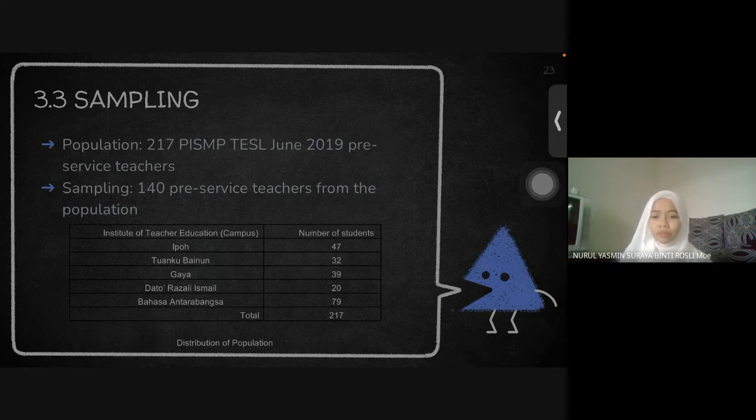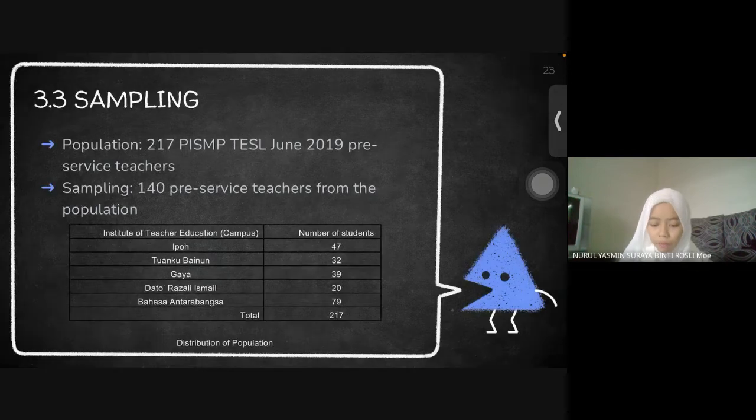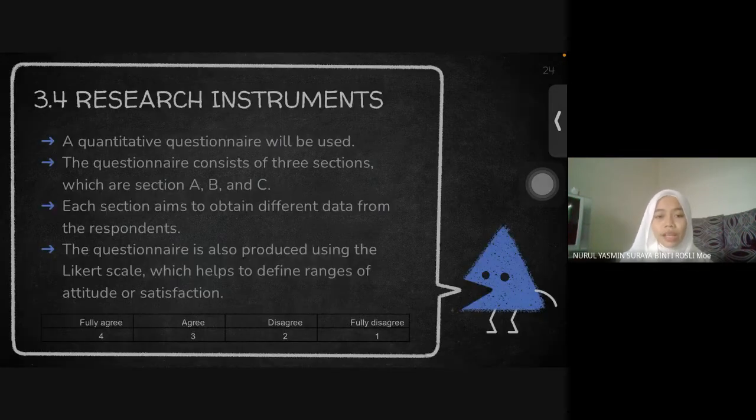All right. So next, we will look at the research instruments that will be used in this research. So this study will be using a quantitative questionnaire to obtain data on TESL pre-service teachers' perception of implementing student-centered learning in Year 5 ESL primary classroom in developing student speaking skills.